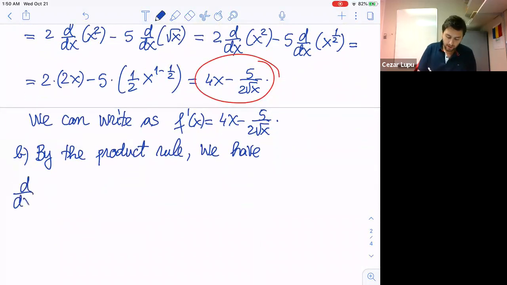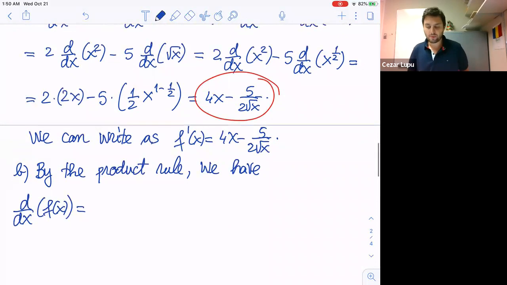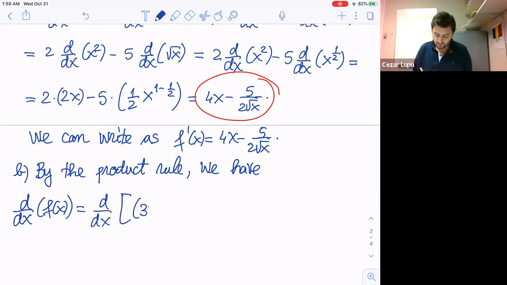The derivative with respect to x of f of x. But keep in mind that this f of x is the product of two functions. So this would be the derivative with respect to x of, and now let's write the functions. The first one is 3x squared plus 1, and the second one is 7 plus x cubed.